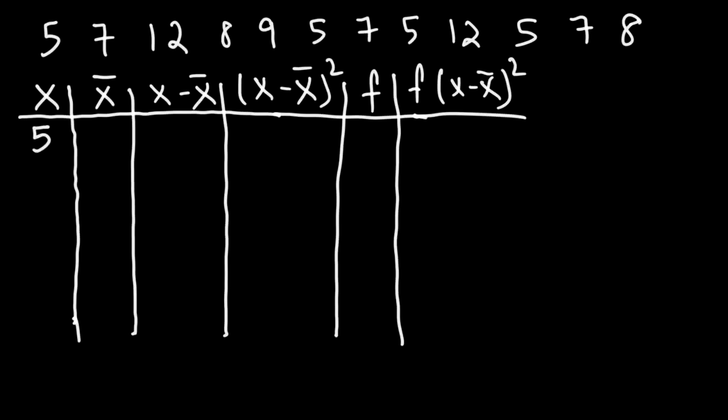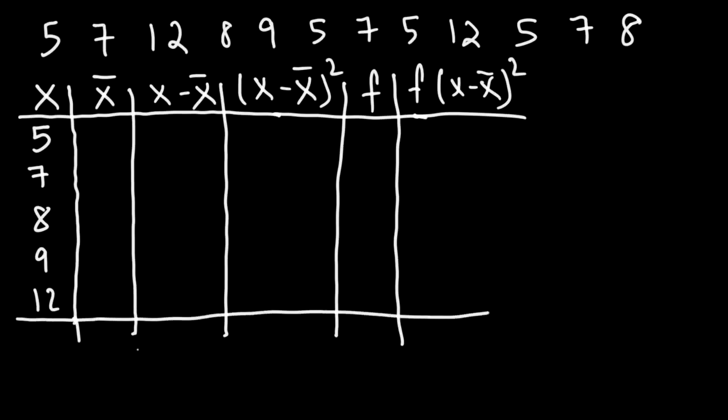So the lowest number that we have is 5, and then the next number is 7, and then 8, 9, and 12. So we have 5 different numbers. Now, in the previous examples, what we would do is take the sum of the x values. In this case, that's going to be 5 plus 7 plus 8 plus 9 plus 12.